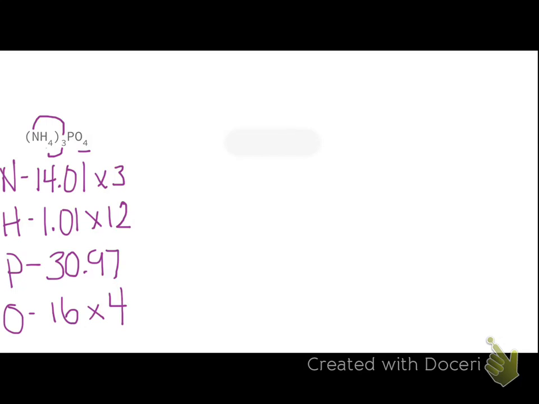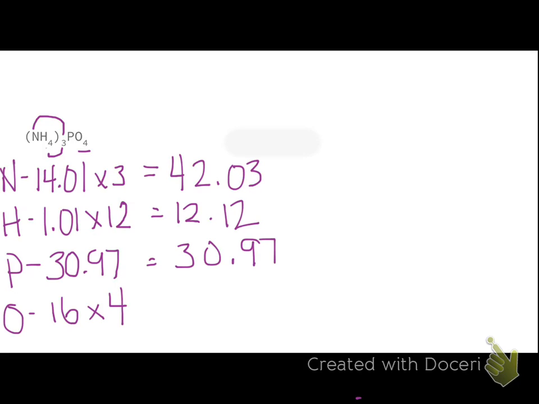All right. So 14.01 times 3 equals 42.03. 1.01 times 12 is 12.12. 30.97 is 30.97. And this is 64. Now add that up. I'm going to give you a minute.